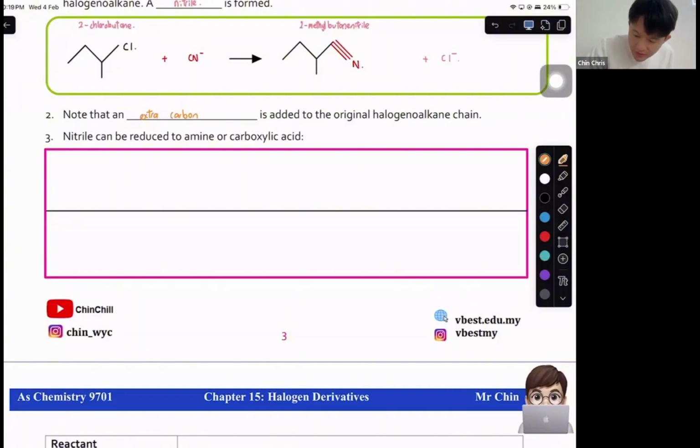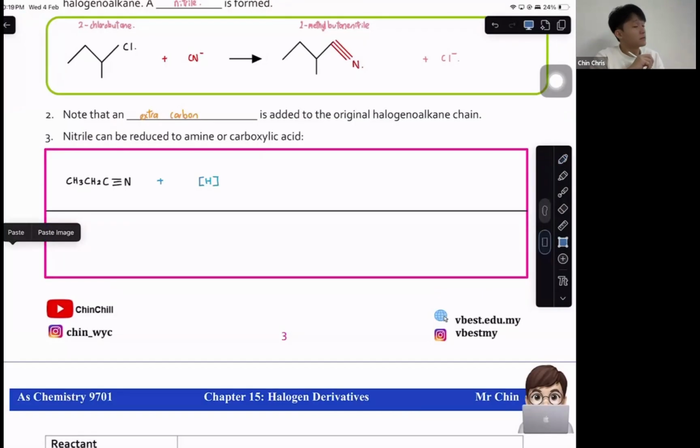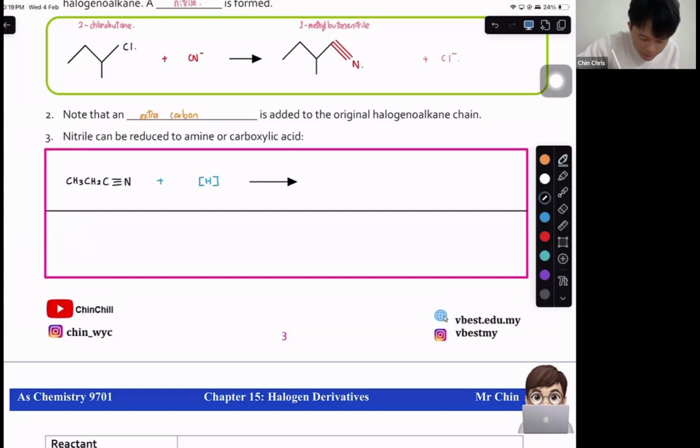So let's say I have a CH3, and a C triple bond N, and I'm reducing it with hydrogen. So if you reduce it with hydrogen, I use LiAlH4 and a reduction reaction happens.